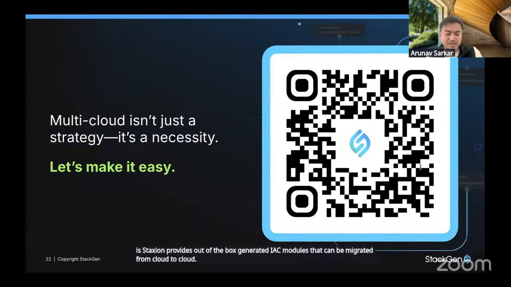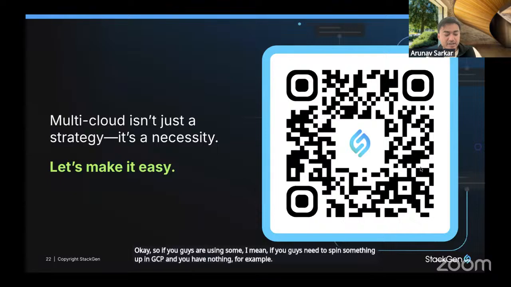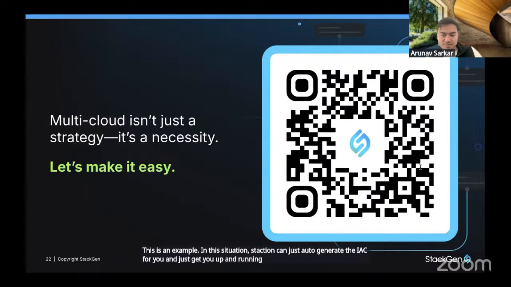So if you need to spin something up in GCP and you have nothing, for example, StackGen can just auto-generate the IaC for you and get you up and running. And we can set preemptive guardrails and security policies, like GDPR, HIPAA, SOC 2, PCI DSS. We can set those frameworks to be enforced so that all of the IaC that StackGen outputs for you is preemptively going to be compliant with it, right?